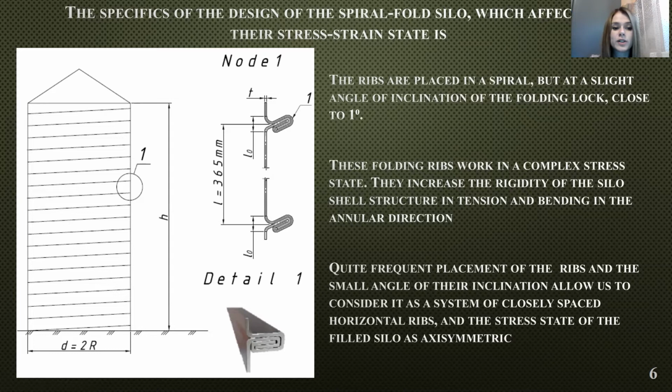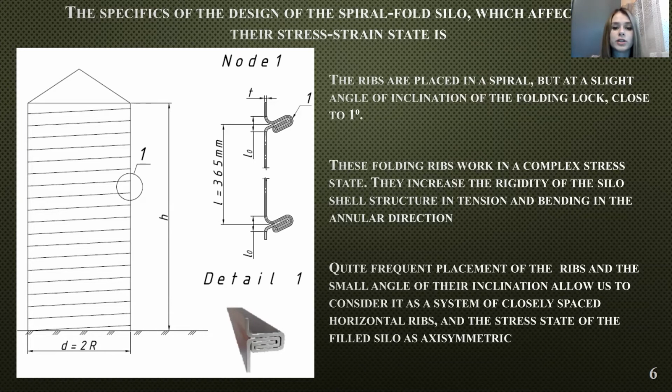The specifics of the design of the spiral fold silo, which affects their stress-strain state, is that the ribs are placed in a spiral but at a slight angle of inclination. Those folding ribs work in a complex stress state.